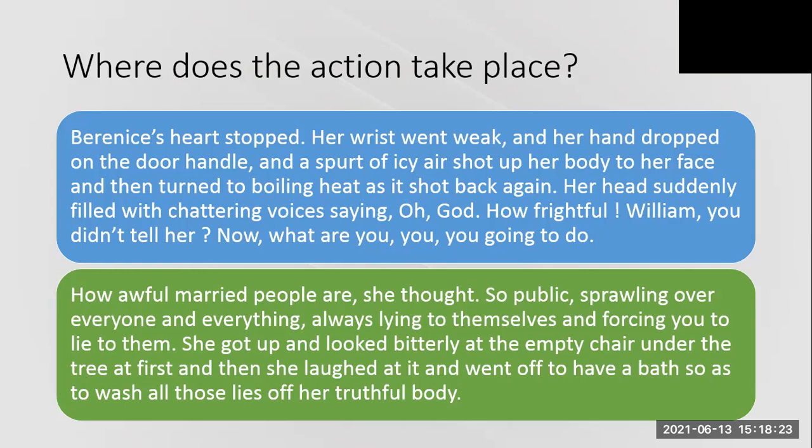Bernice's head suddenly filled with chattering voices saying, oh God, how frightful. William, you did not tell her. Now, what are you going to do? Now, where is all this taking place? It's inside Bernice's mind. All this is on her mind.